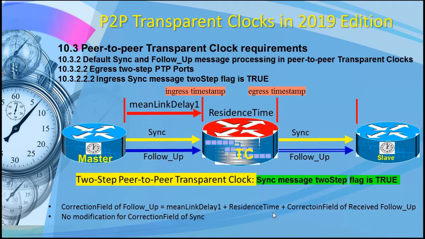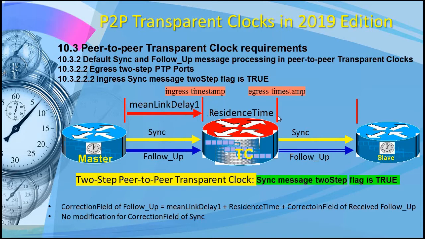and then plus the correction field of the received follow-up message. This means the correction field of this follow-up message includes three different parts. The first one is the link delay between master and TC.